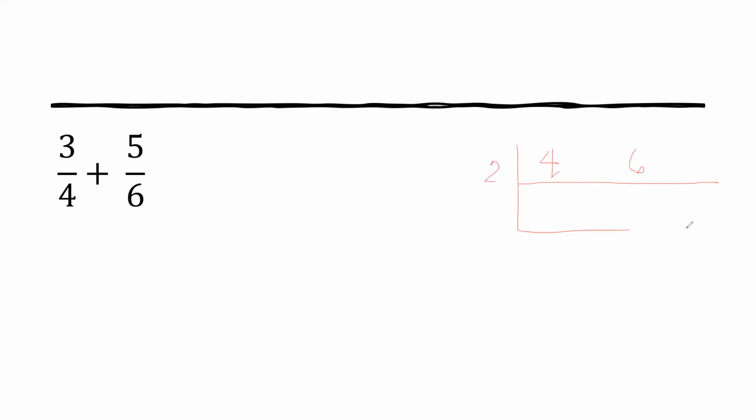So 4 divided by 2, 2. 6 divided by 2, 3. Meron pang pwedeng mag-divide sa 2 at 3? Wala na. So, ang gagawin lang natin is to multiply itong nasa ilalim at saka yung mga nasa tabi natin.